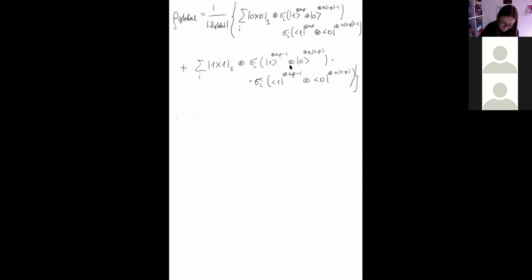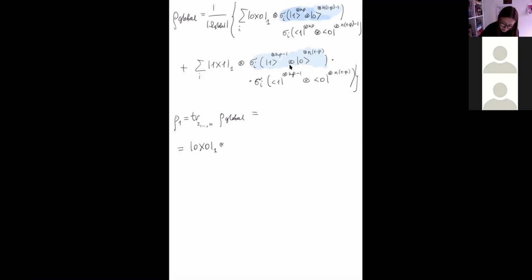Now we're writing rho 1, which is the trace over systems 2 to n of rho global. So the only non-zero contributions will be coming from states which are other permutations of this type of state, or permutations of this type of state. And we know the exact number of states that give a non-zero contribution to the trace.